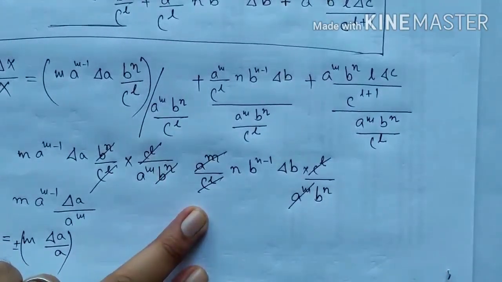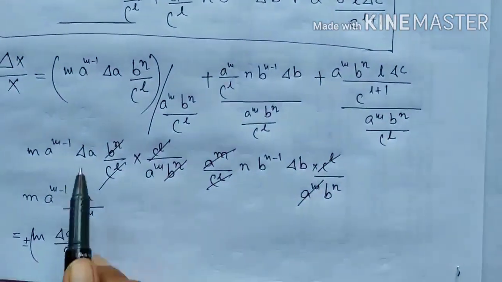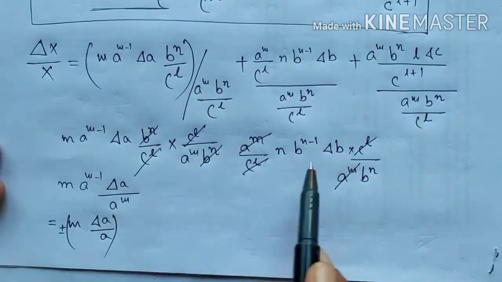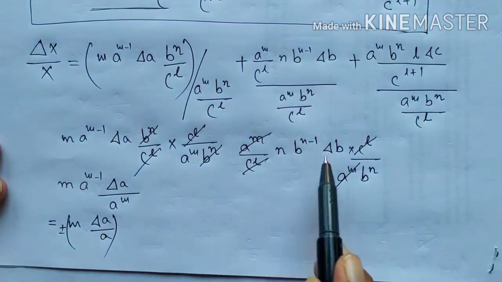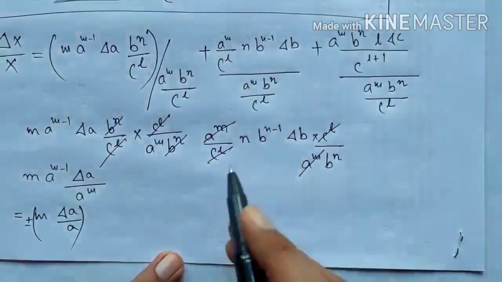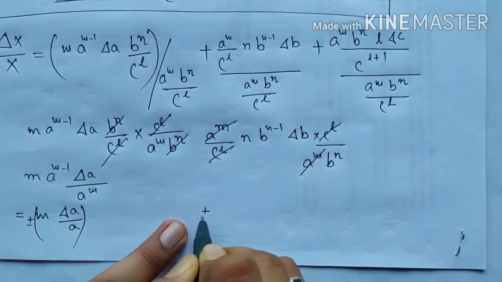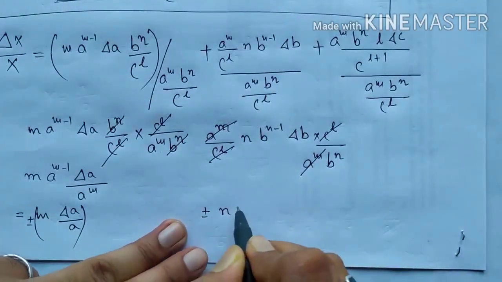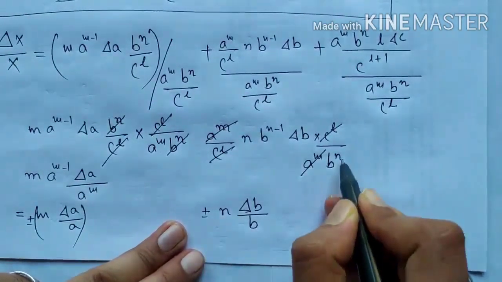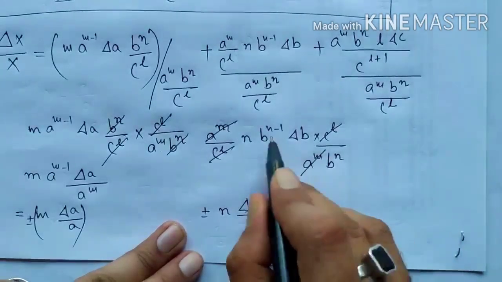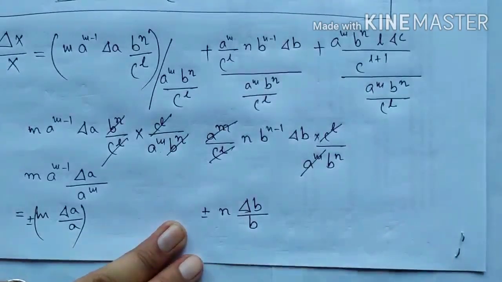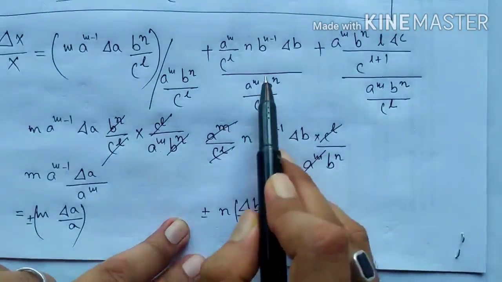Here we are finding b to the power n minus 1 divided by b to the power n. So from this term we will be having plus minus n delta b divided by b, because if I bring this n minus 1 on the denominator, it will be minus n plus 1, so it will be b. So this is what I will get from this term.